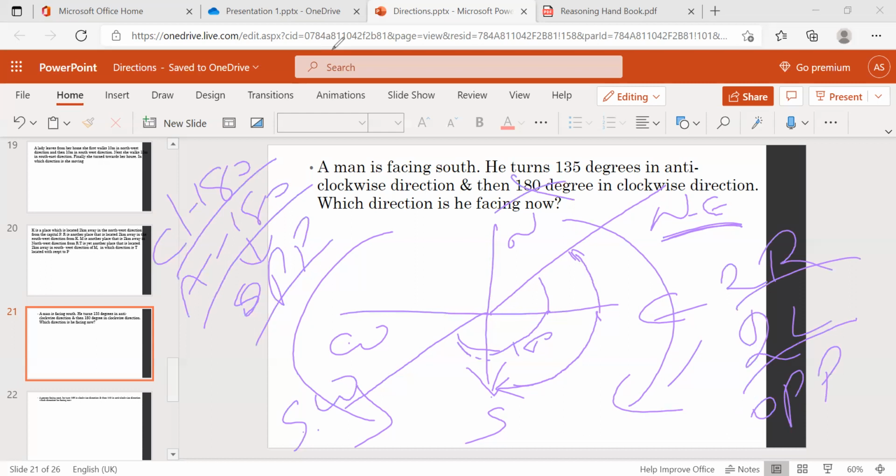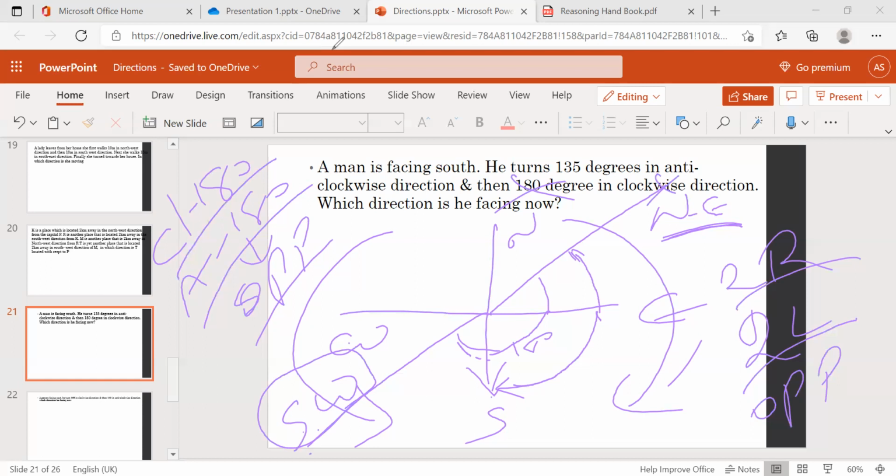So here northeast is there. From south, he turns 135 degrees anti-clockwise here. But from here, they said 180 degrees clockwise direction. Even if they said anti-clockwise direction, he will come to the same point, southwest. So that may be anti-clockwise or clockwise. 180 degrees means exactly the opposite direction.